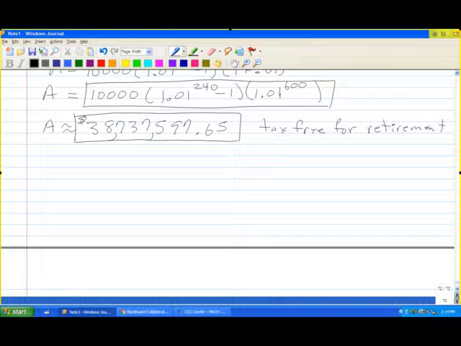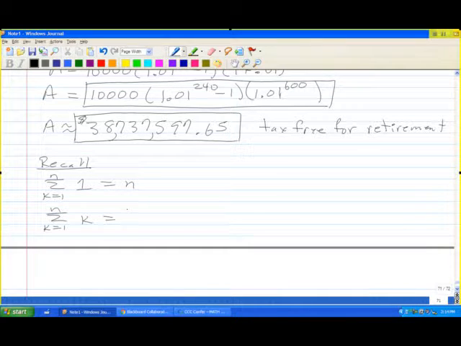Okay, so let me give you some additional things. Recall what we had from before. The sum k equaling 1 to n of 1 was n. And we also had the sum k equaling 1 to n of k was n(n+1)/2.